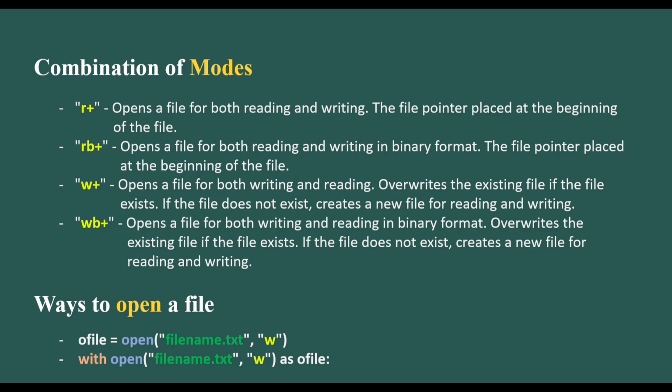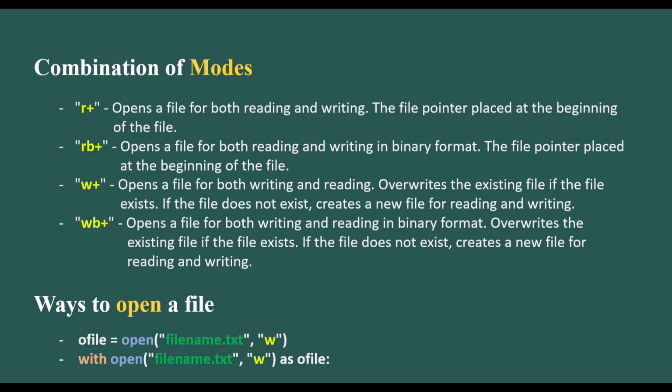Next we have with, that is a context manager. Using that we can open a file. Again it uses the open method, and we have O file as the variable or file object, and we can use this O file in the with block for writing the data.